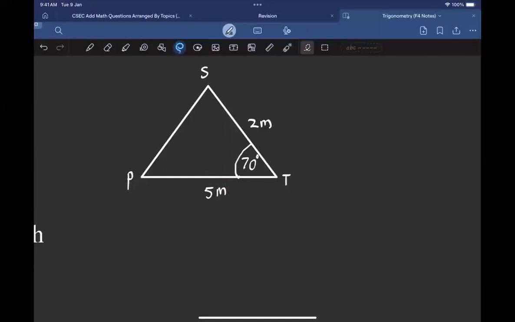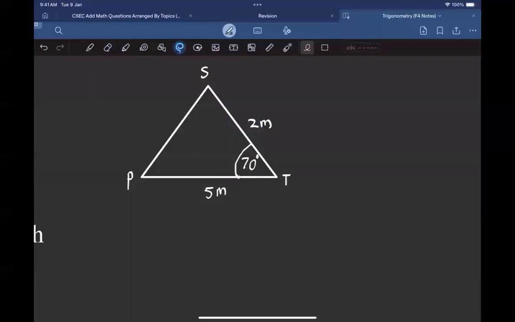Show me. Bryce, where is the included angle at?